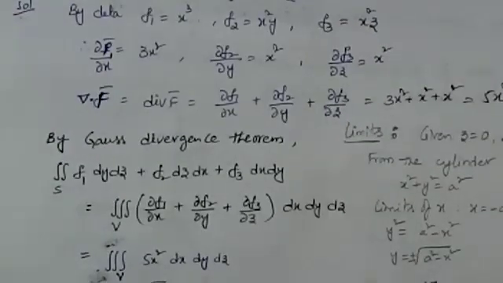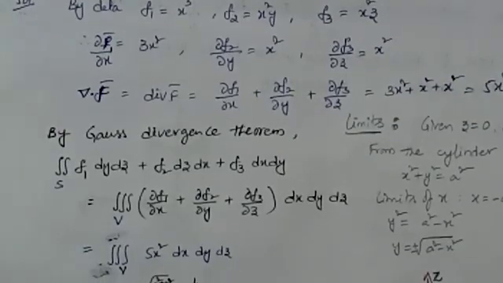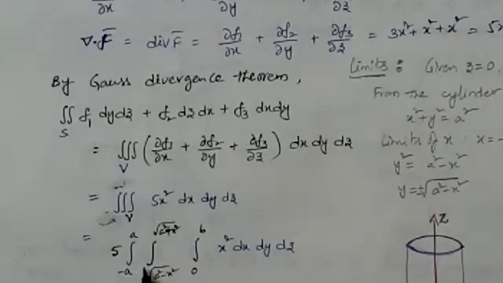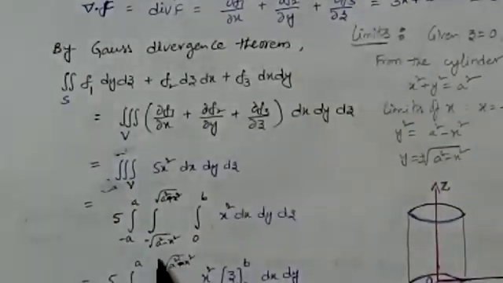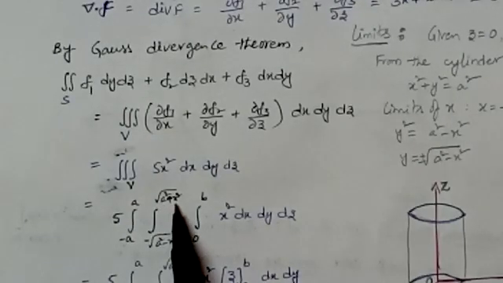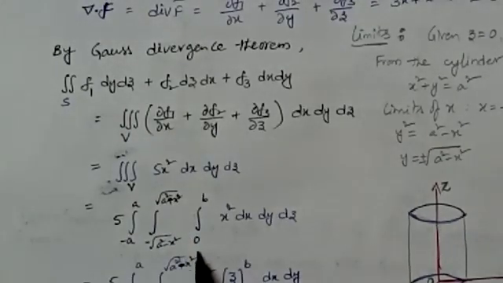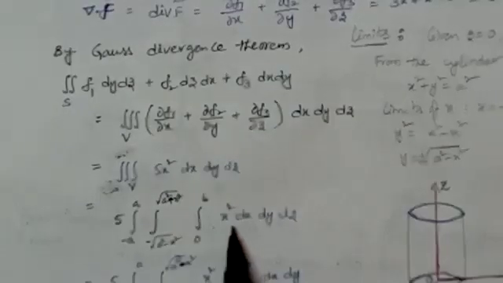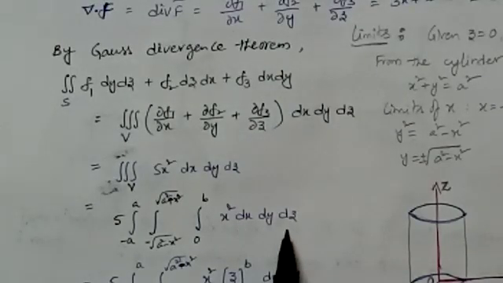So we substitute all these limits in the volume integral. The volume integral has x limits from minus a to a, y limits from minus under root a square minus x square to under root a square minus x square, and z limits from 0 to b, with the expression 5x square dx dy dz.